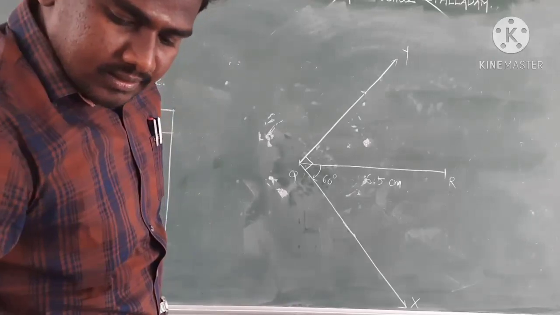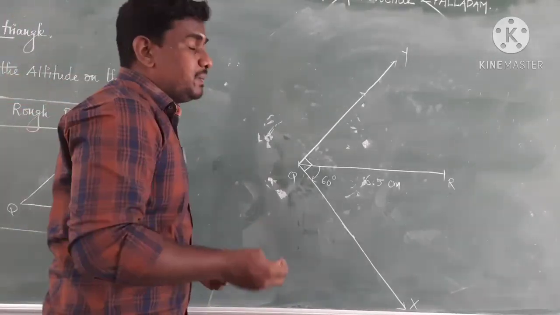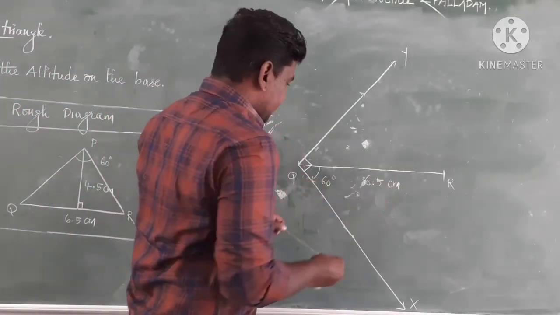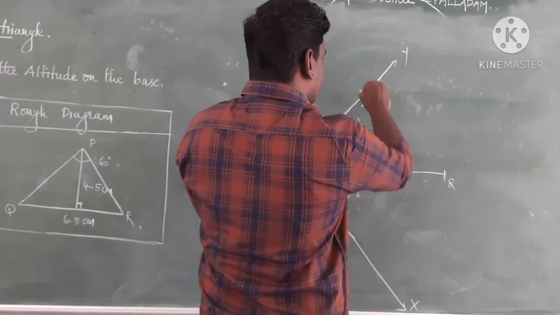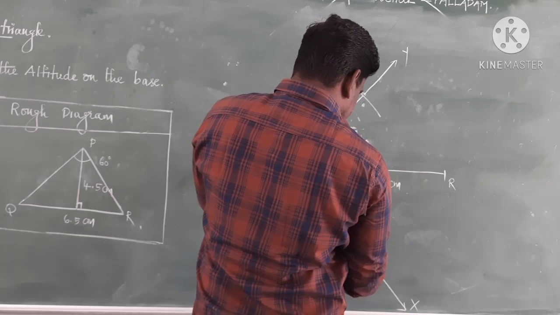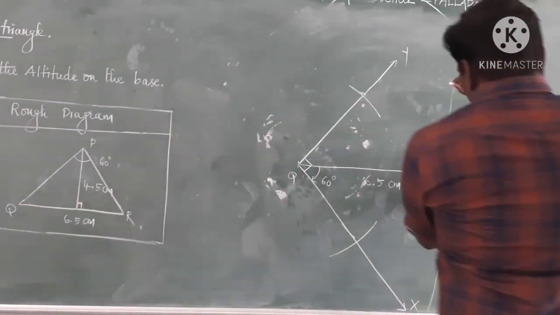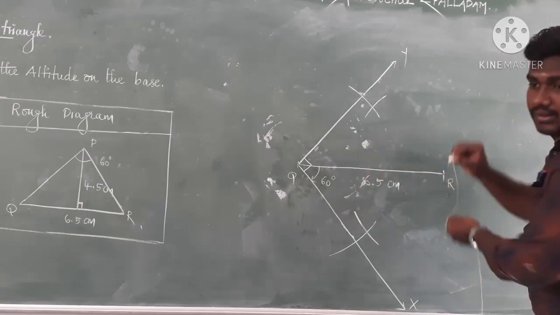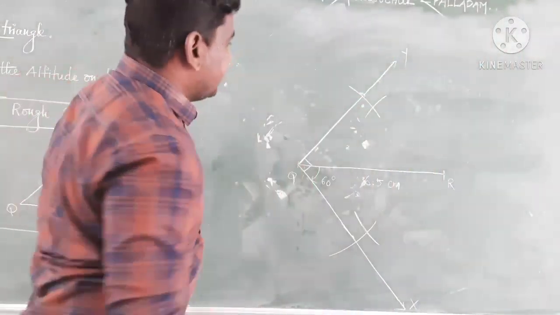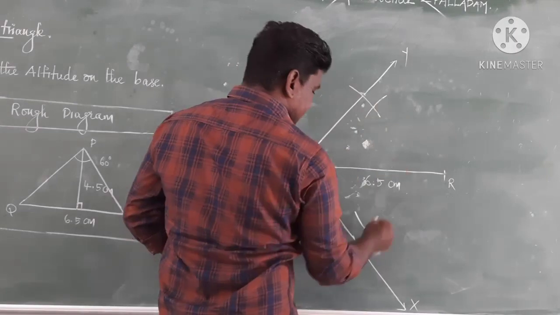Next, we are going to construct the perpendicular bisector of QR. You know very well. Take more than half of QR. Here one mark, like R as a center. Draw arcs here and here. So join the points of intersection, this one and this one.